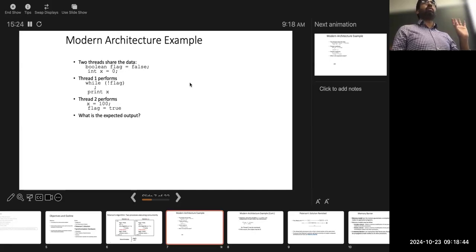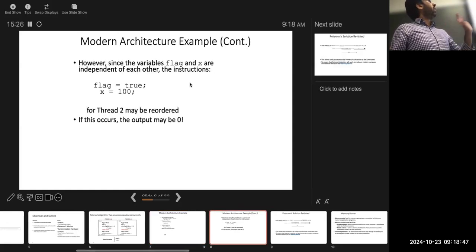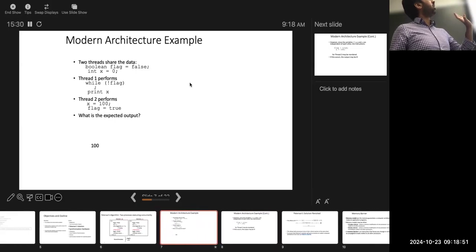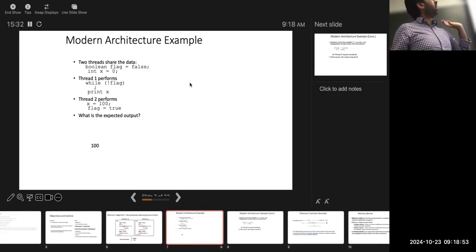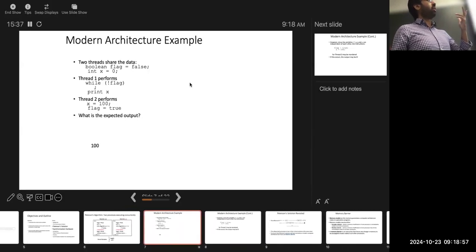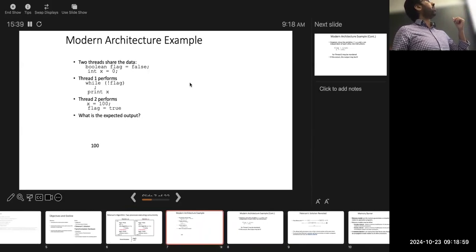Clear on that? Okay. So here the issue was that we expect the third one to print 100, but what it actually prints depends upon the reordering of the instructions by the compiler.